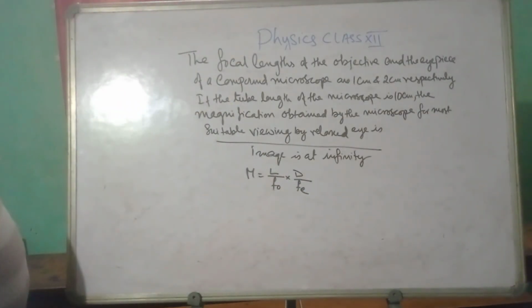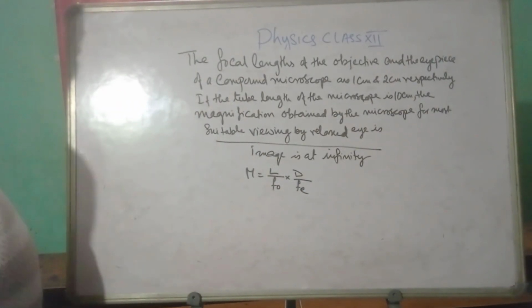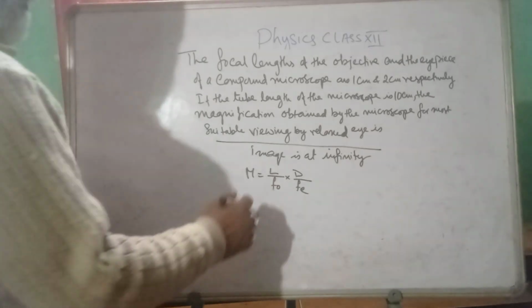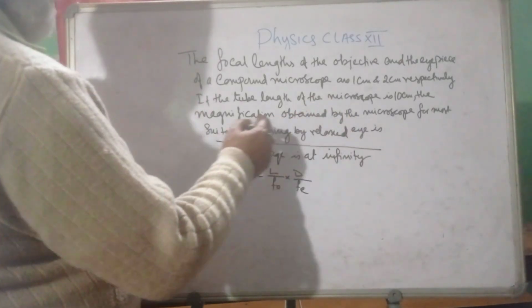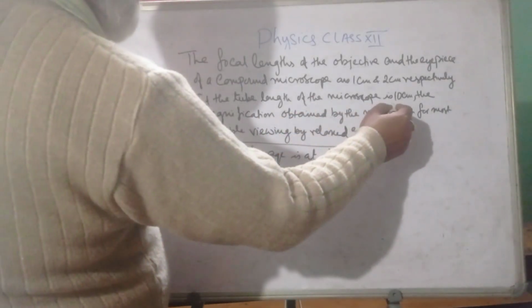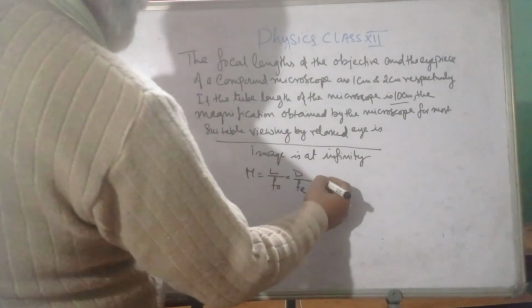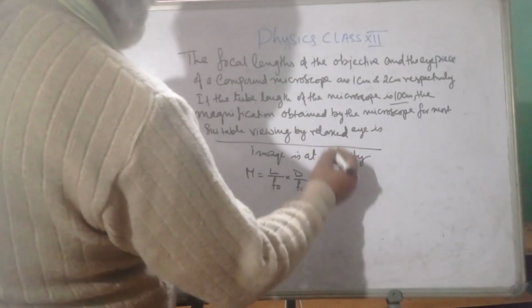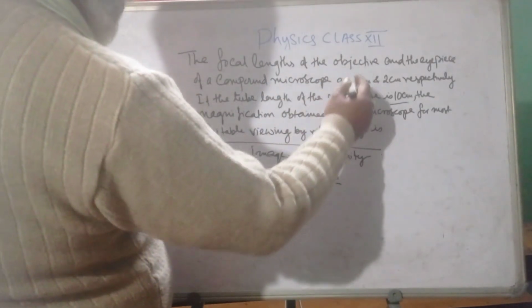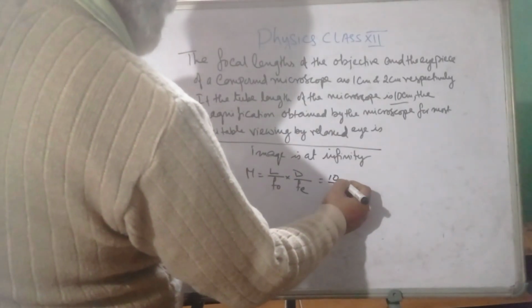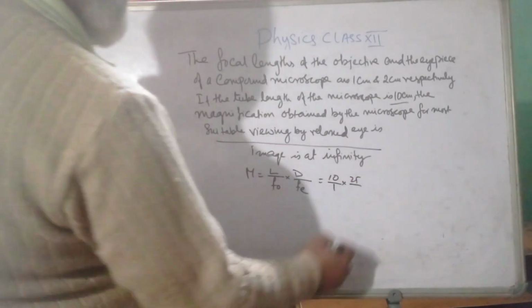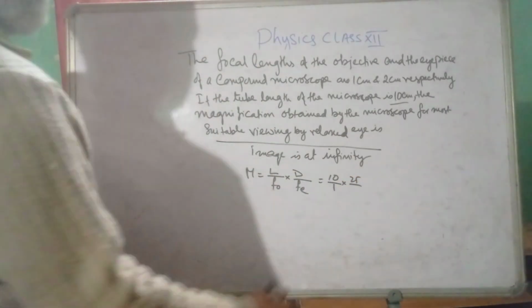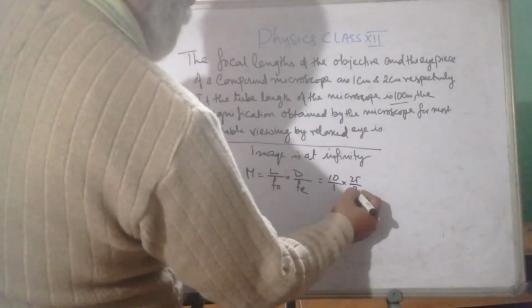Your minimum distance of vision is 25 centimeter and the tube length is 10 centimeter. So this is 10, and the focal length of the objective is 1, and the focal length of the eyepiece is 2.